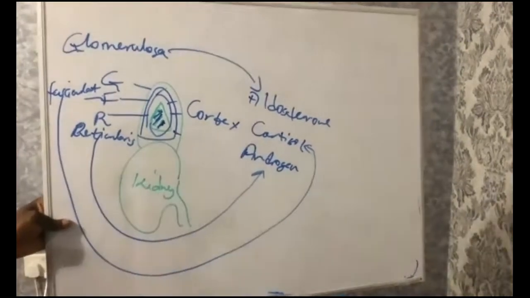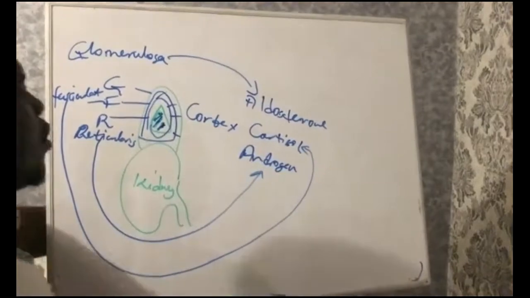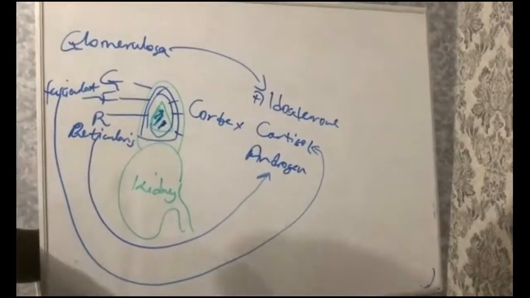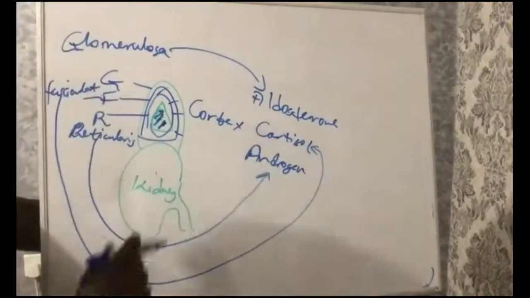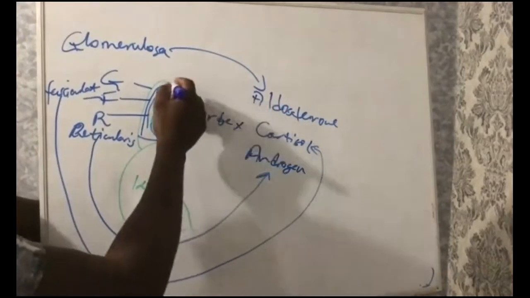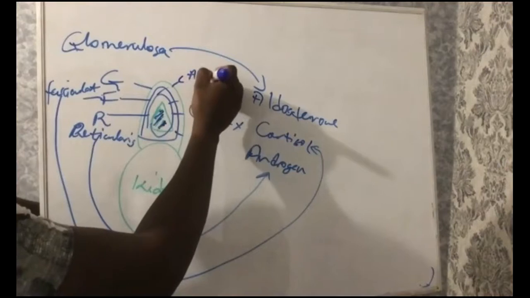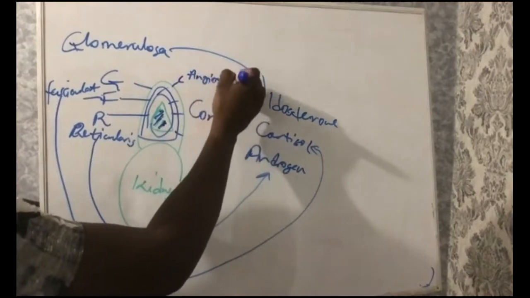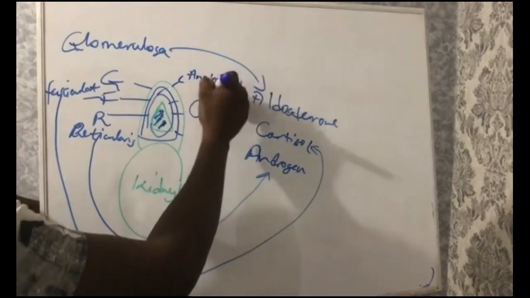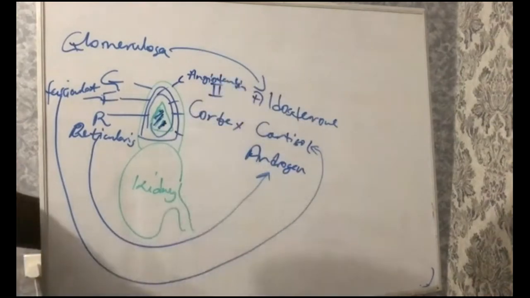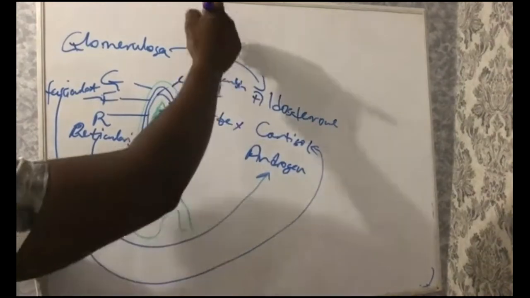Now, we are going to base this on the aldosterone alone. Usually the aldosterone is produced when we have excess production of angiotensin 2. When is a lot of angiotensin 2 produced? When there is what?